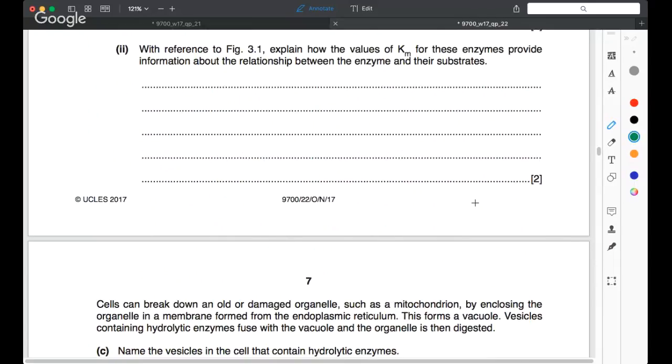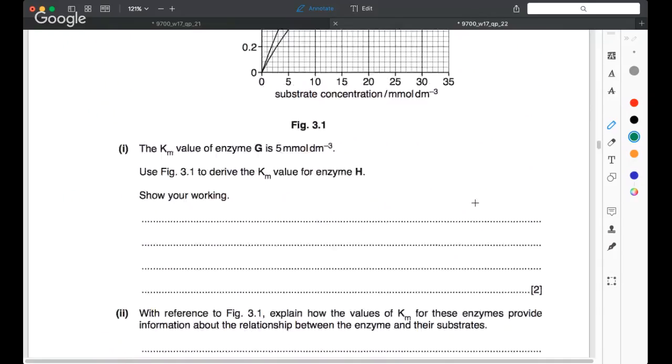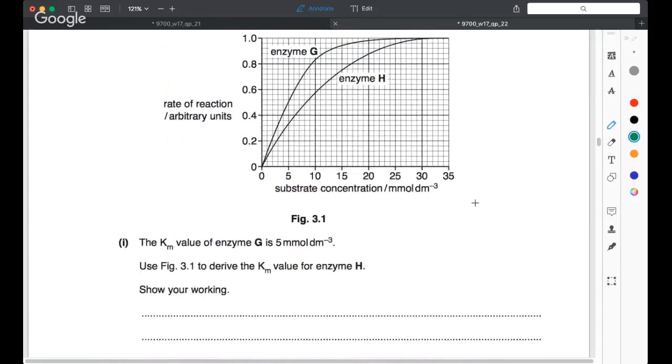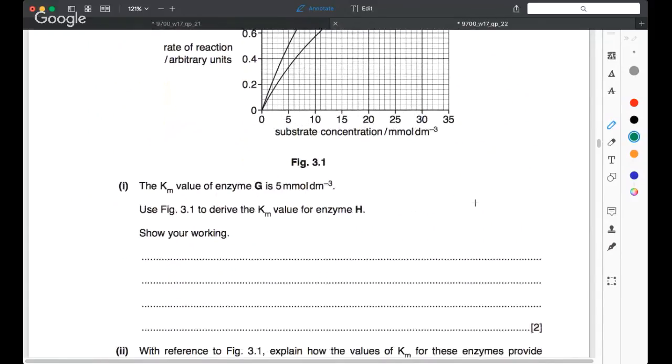So wait, sorry, one question. It says show your working. Does that mean just lines? So this is what I would do. First of all, start by saying Km equals half of Vmax, and then Vmax equals 1 AU.